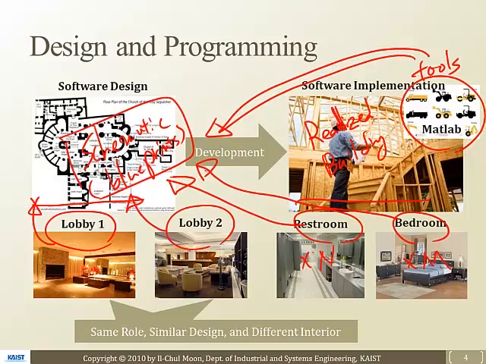In that case, do we have to redesign this restroom all the time? Maybe not. We can just copy and paste, right? And sometimes this works fine. And for the bedroom, if the requirements are the same, like the sizes are the same and the directions are the same, like the basic layout is the same, then we can just copy and paste it.